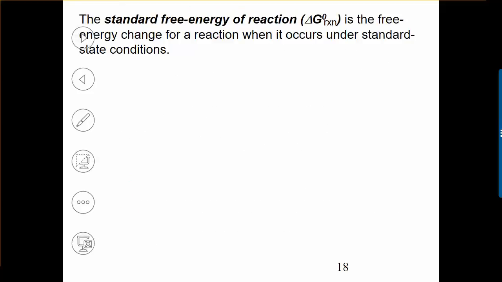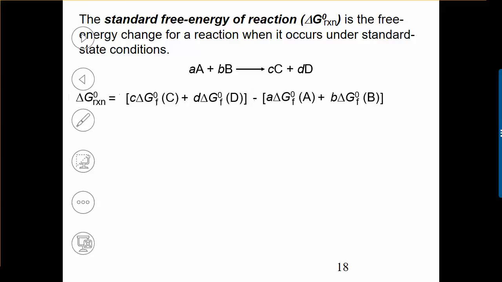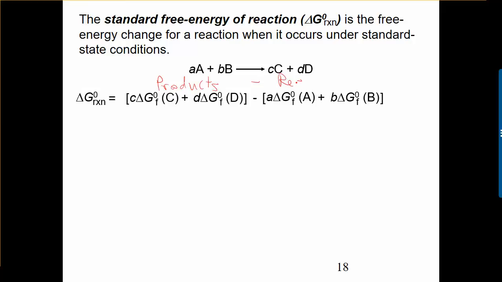The standard free energy of a reaction, delta G, is the free energy change of a reaction when it occurs under standard state conditions. So remember, standard state conditions are the delta H's, delta S's for these reactions. So once again, we have products minus reactants.